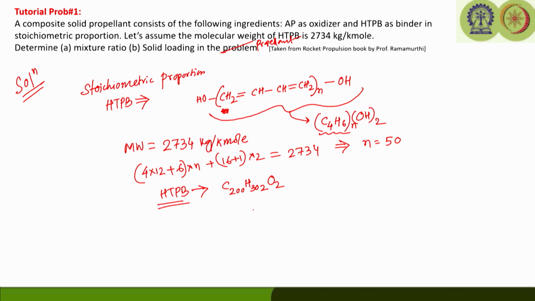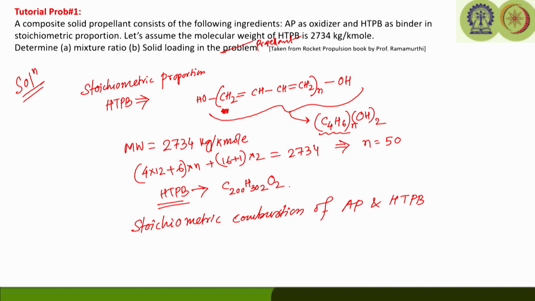Now, the chemical reaction between HTPB and AP is given as stoichiometric combustion. Since it is stoichiometric combustion of AP and HTPB, what you can write is that all carbon atoms will become carbon dioxide, and all hydrogen atoms combined with oxygen will become water.